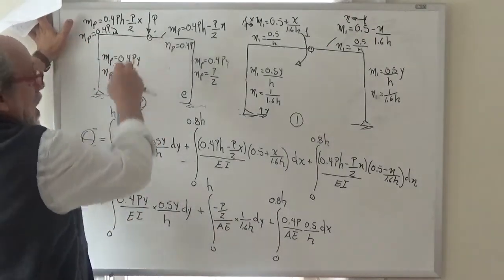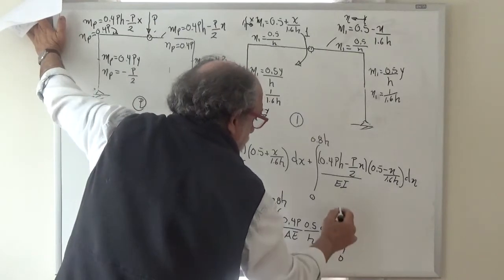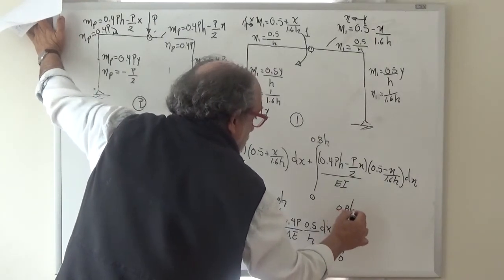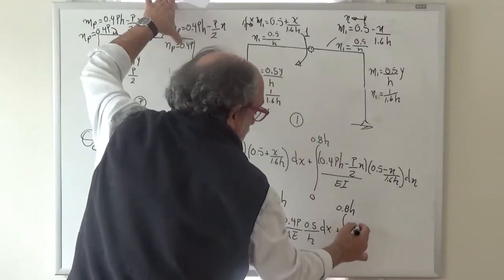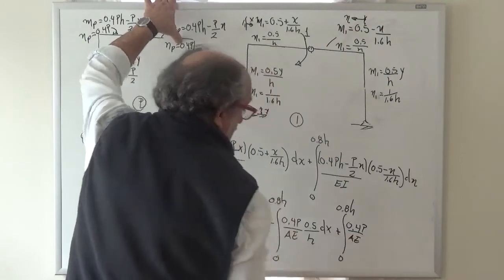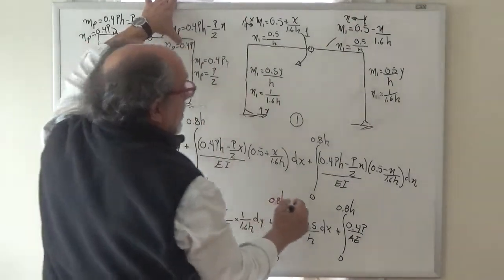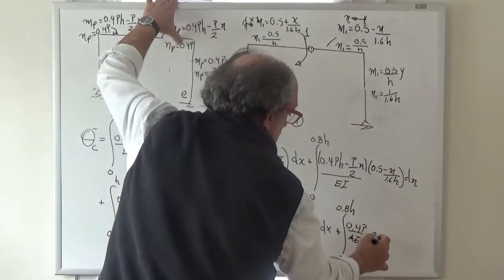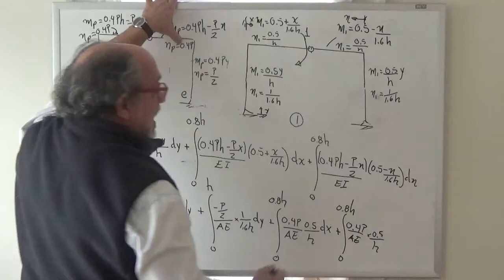So that's this bar. Now I'm going to the next bar. 0 to 0.8h. This one, which is NP 0.4 p over AE, times 0.5 over h times dn.